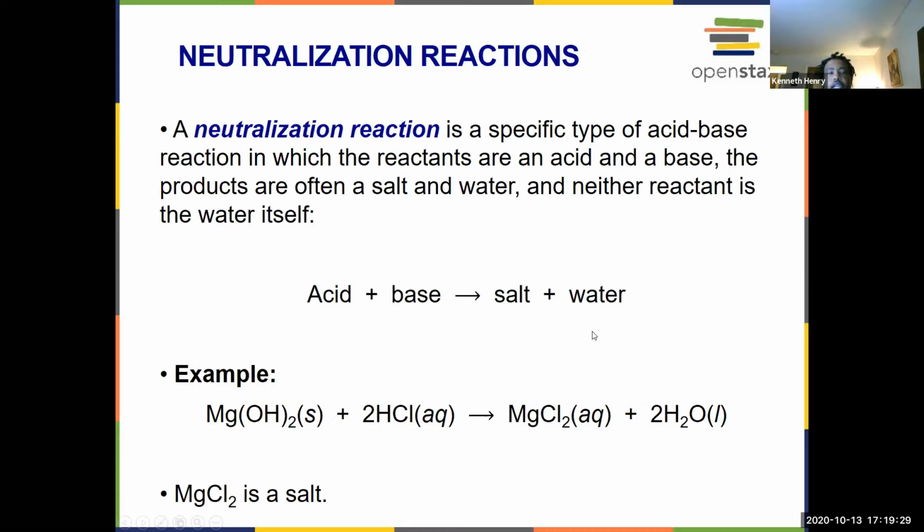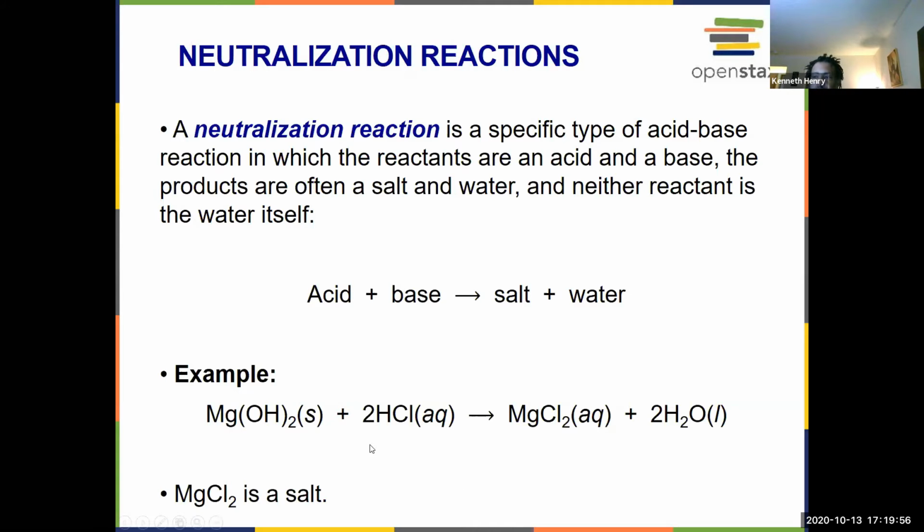Okay, so a neutralization reaction, also called an acid-base reaction, is when you have enough acid to match up with the amount of base that you have, so that you end up with a salt and water. So if a strong acid and a strong base come together, you're going to end up with a salt, meaning an ionic compound, and water.